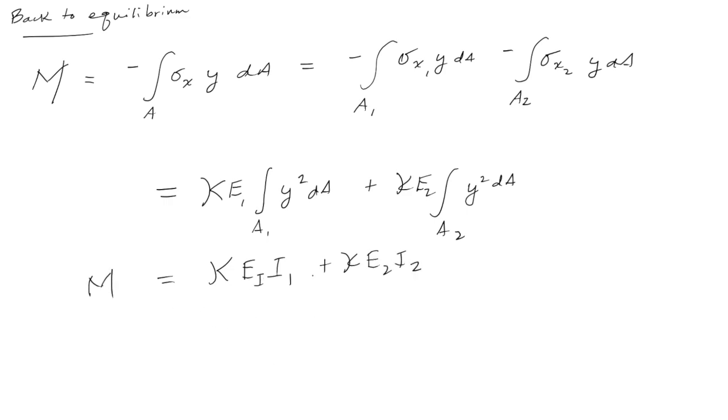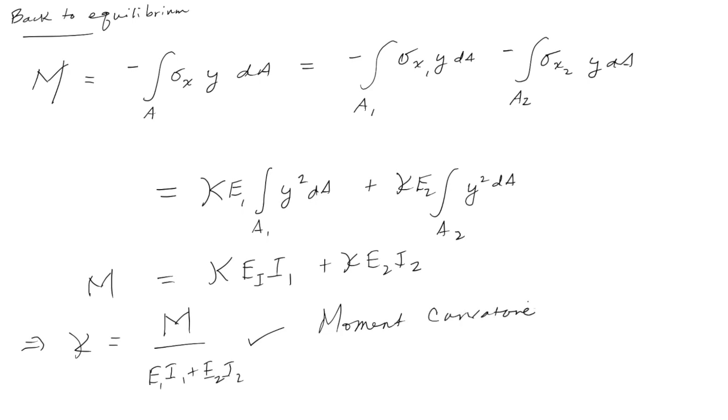Now let's divide through, so we get a moment curvature relationship, meaning kappa is equal to M over E1 I1 plus E2 I2. So this is called a moment curvature. It's kind of an intermediate calculation on our way towards our final calculation here.